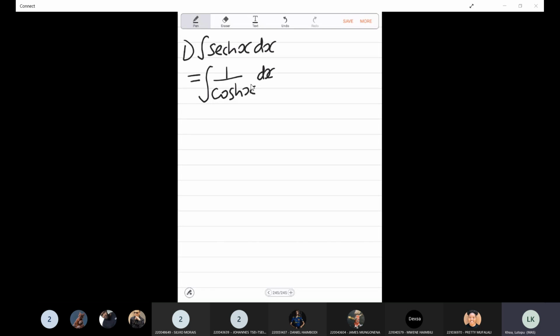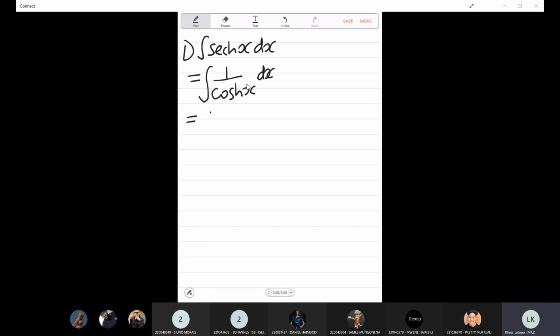Okay, now the way that it is, it's still not that easy to integrate. So what we can do is multiply by the hyperbolic cos over the hyperbolic cos, which is 1. So that doesn't change the question.